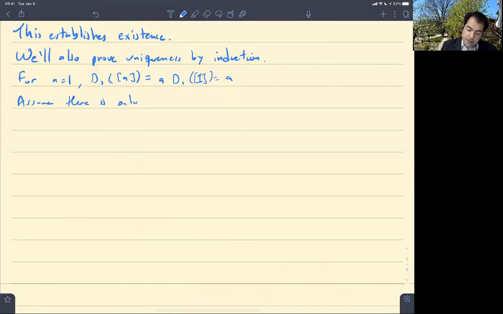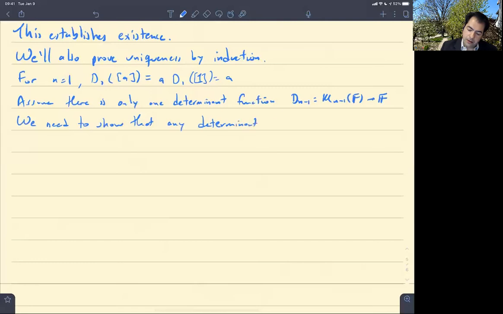there is only one determinant function d_{n-1} on square matrices of size n minus 1. We need to show that any determinant function on matrices of size n by n is determined by d_{n-1}.